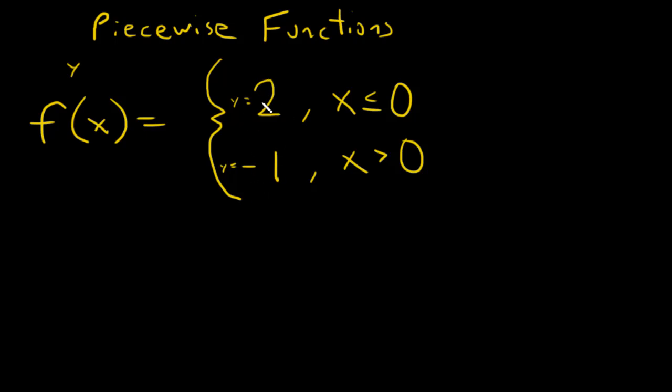This is the function definition. This is what tells you what the function is. And this f of x is the same as y. So instead of just having 2 and negative 1 isolated here, I put y equals 2, y equals negative 1. I do it explicitly, y equals in front of each of my little definitions here.